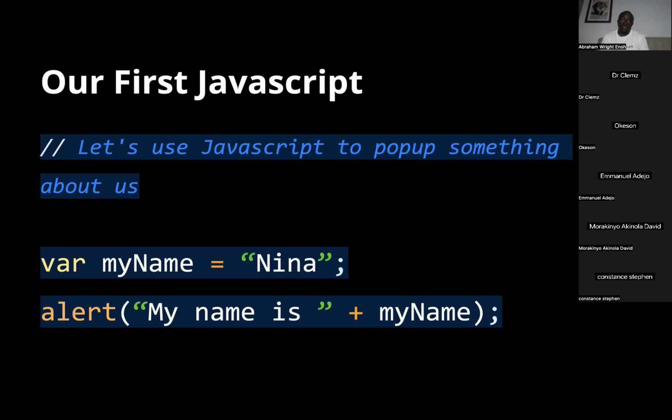If I say alert myName, it's just going to alert Nina. But to make it a complete sentence, you have to concatenate "my name is". So when you go to the browser and write this, it's going to alert "my name is Nina", because that is the value of myName, the var that you declared in the first instance and initialized to Nina. The outcome is "my name is Nina", but you are adding to the sentence to polish it.